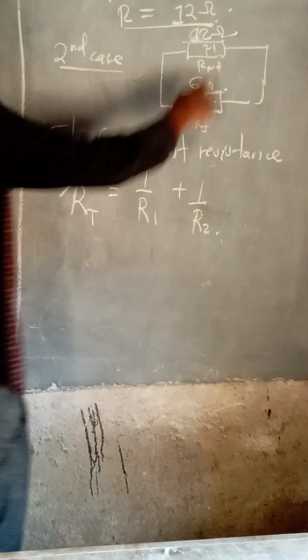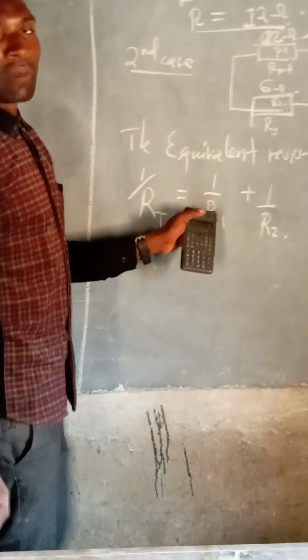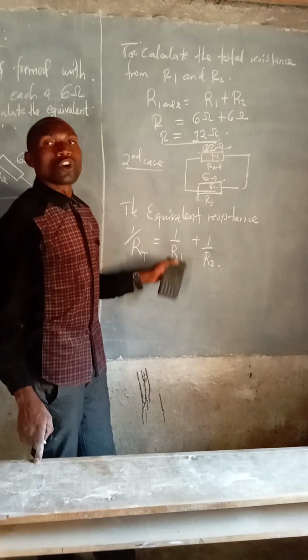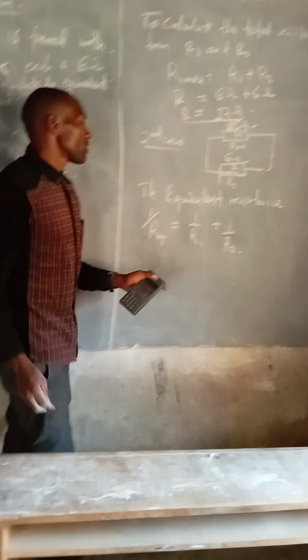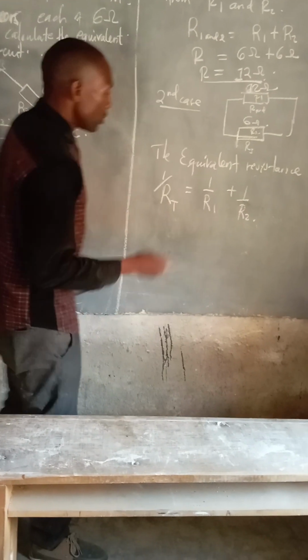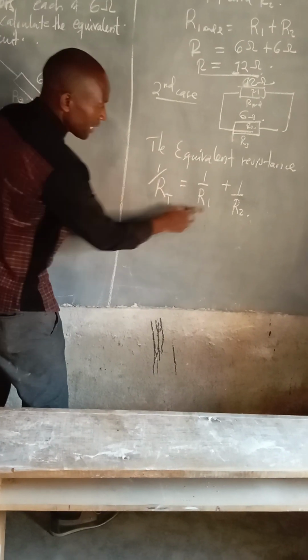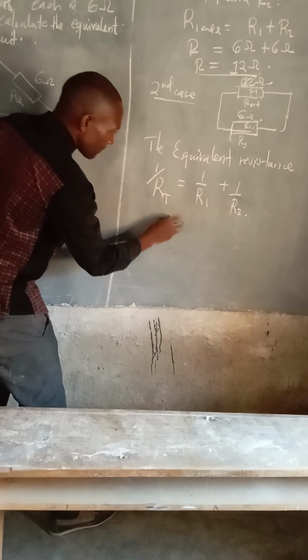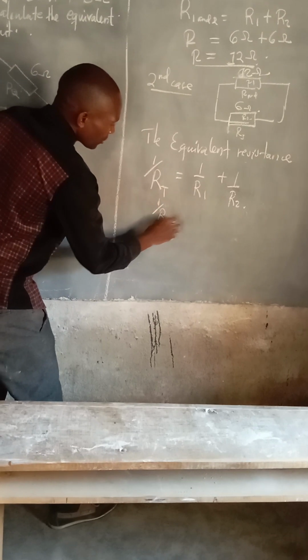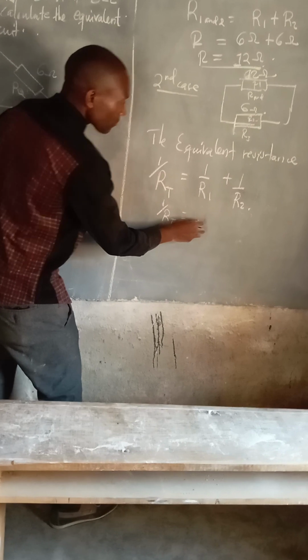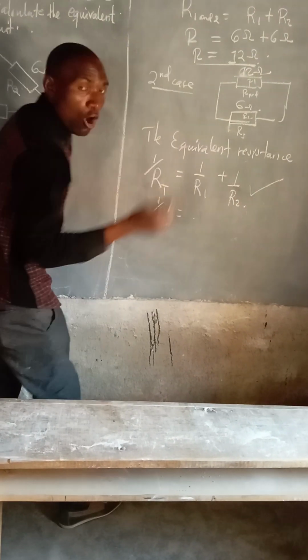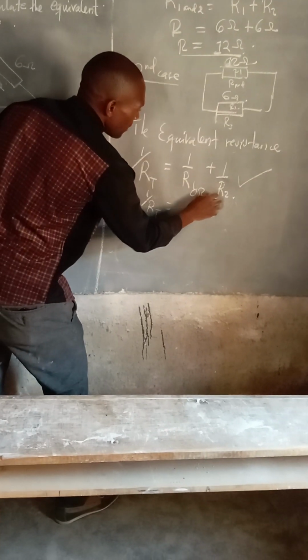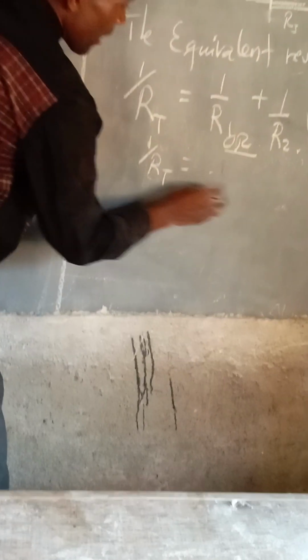If you do not know how to work with fractions, you can calculate the total using this formula, 1 over R total.